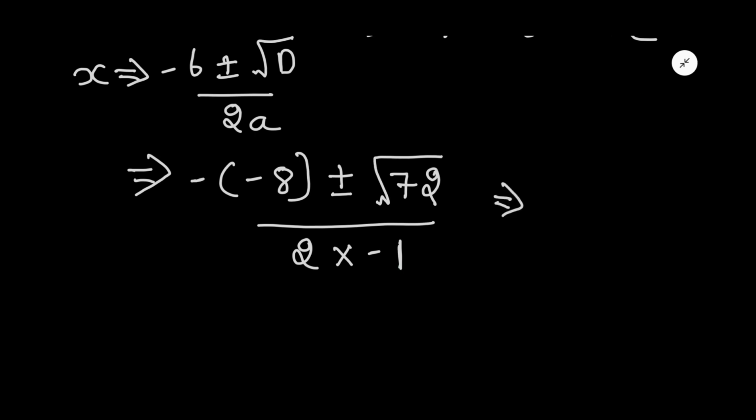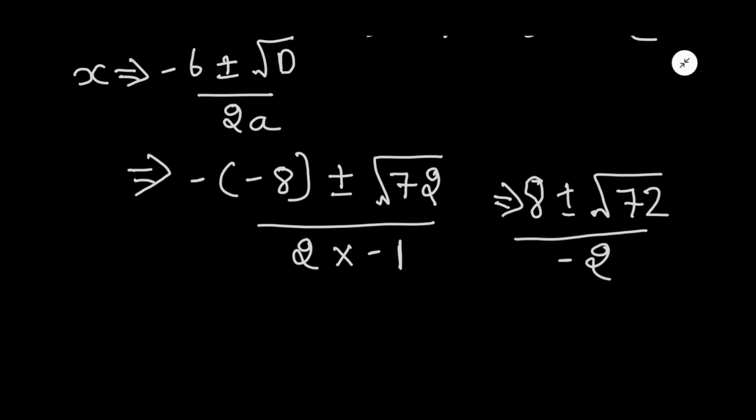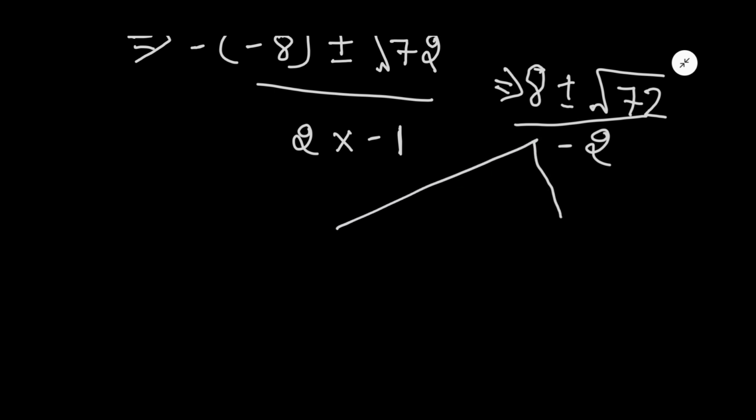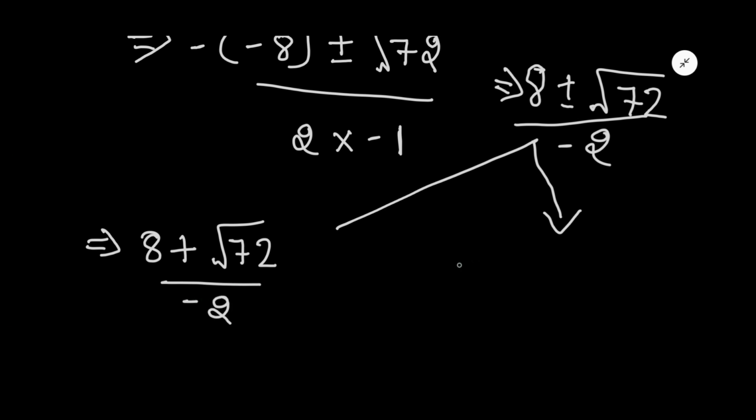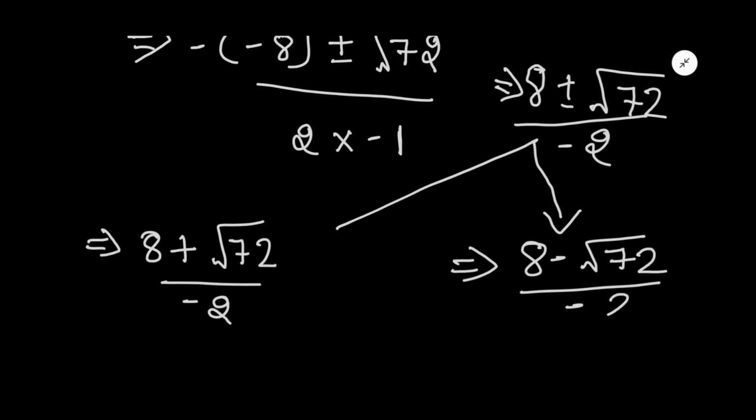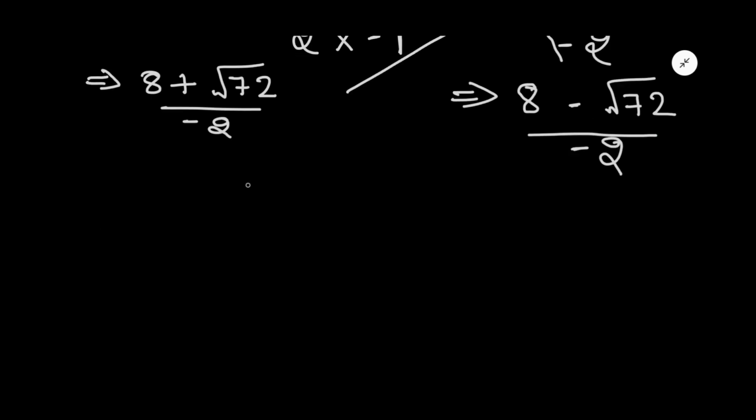So if we calculate, minus minus is plus, so 8 plus minus under root of 72 over minus 2. So there are two different equations. The one is 8 plus under root 72 over minus 2, and the other one is 8 minus under root 72 upon minus 2. First we will find the square root of 72.